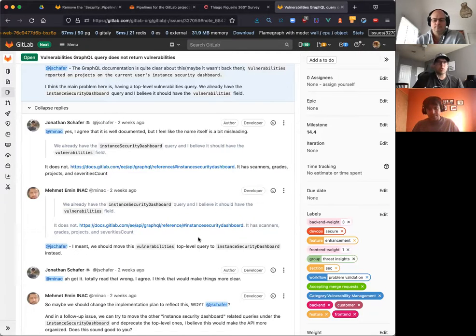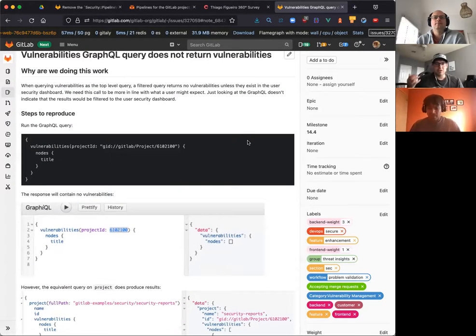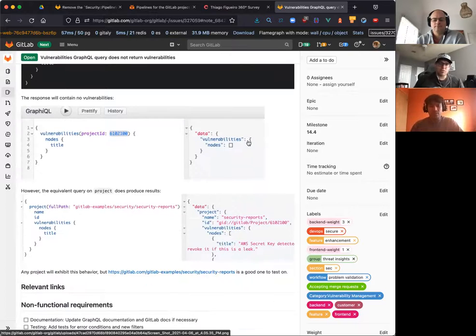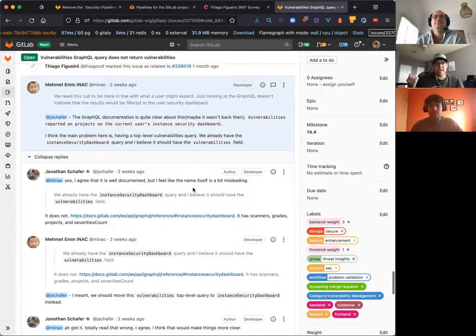So there's this issue that is in the notes here. I had started because the vulnerabilities query only pulled vulnerabilities from the instance security dashboard, which, Mehmet makes a valid point, if you actually read the documentation, that's what it says it does. But it's just kind of strange that a global vulnerabilities call only pulls from a certain group.